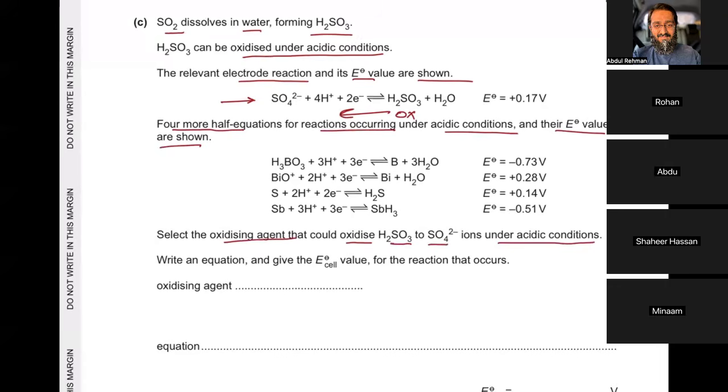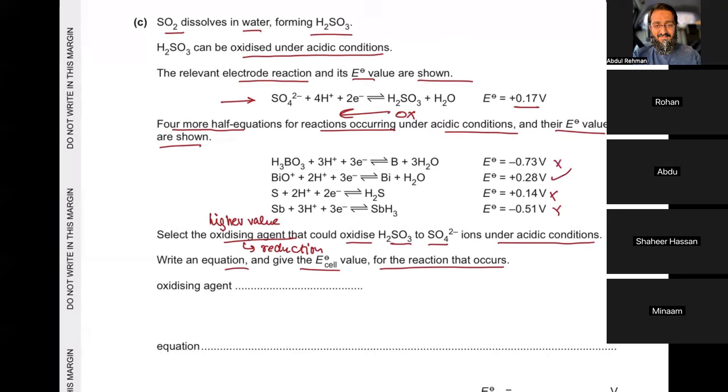So the oxidizing agent means the one which undergoes reduction itself, and for that its E naught value must be higher. Write an equation and give the E naught cell value for the reaction. So it's positive 1.77, positive 0.17. So these are not going to be used. Only this one is going to be used.